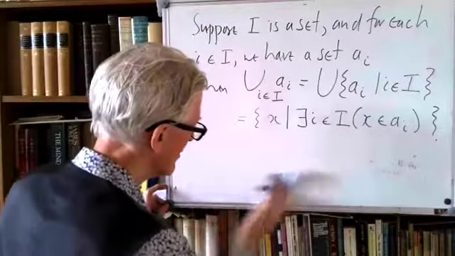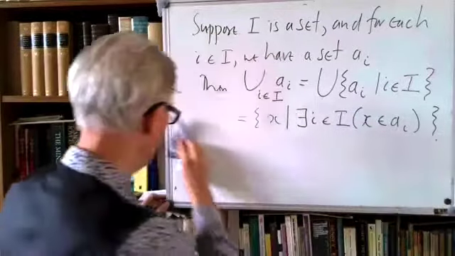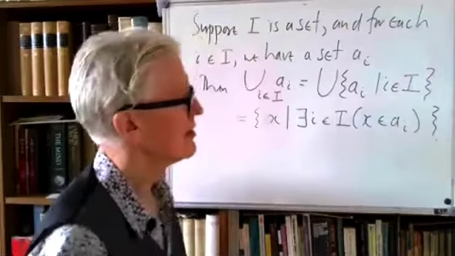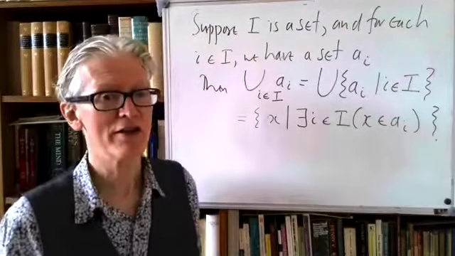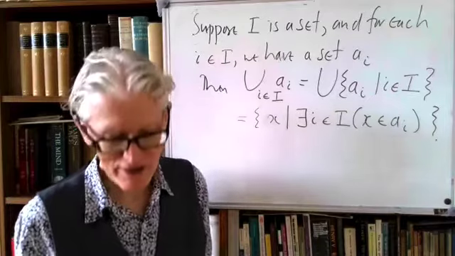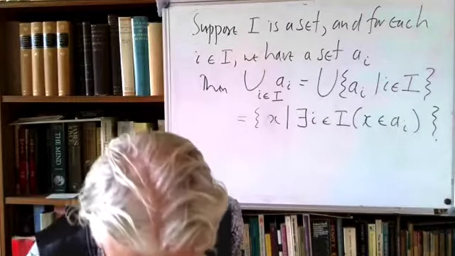And we have an axiom that says that we're justified in taking these unions. So this is the axiom of unions.